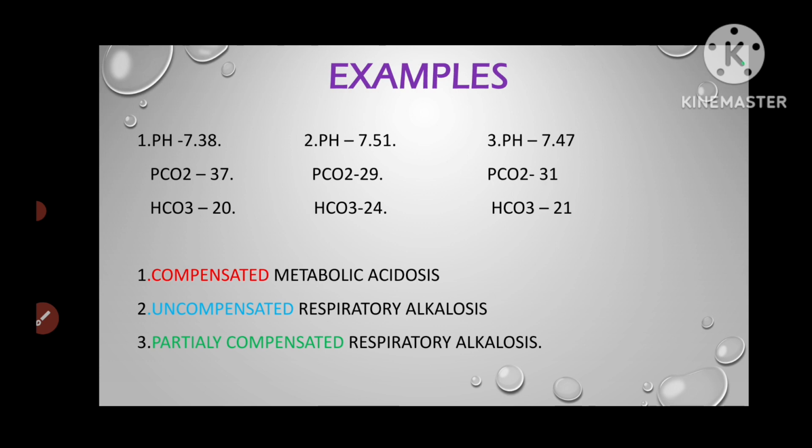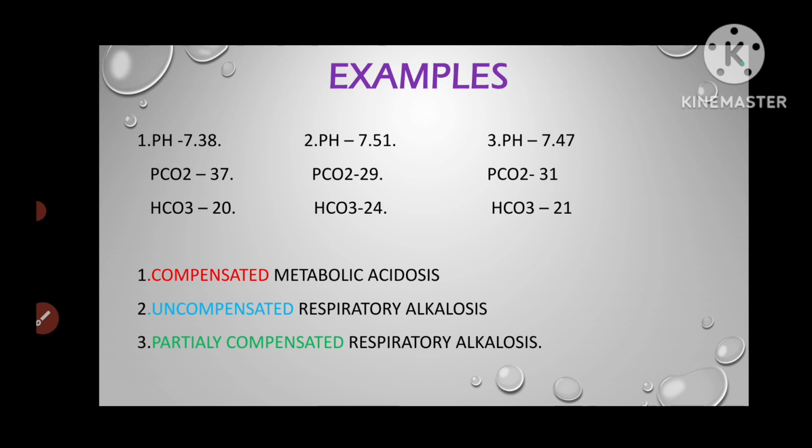In this case, we will take the center value of 7.40. If the value is lesser than 7.40, then it is acidosis. If the value is greater than 7.40, it is alkalosis. By this way, we can find out whether it is acidosis or alkalosis in normal-value scenarios. First, pH 7.38 is lesser than 7.40, so it is acidosis.